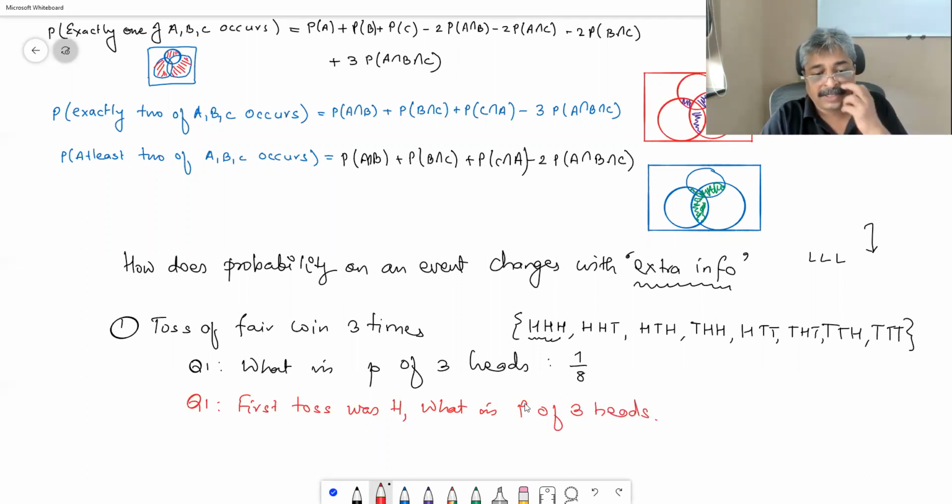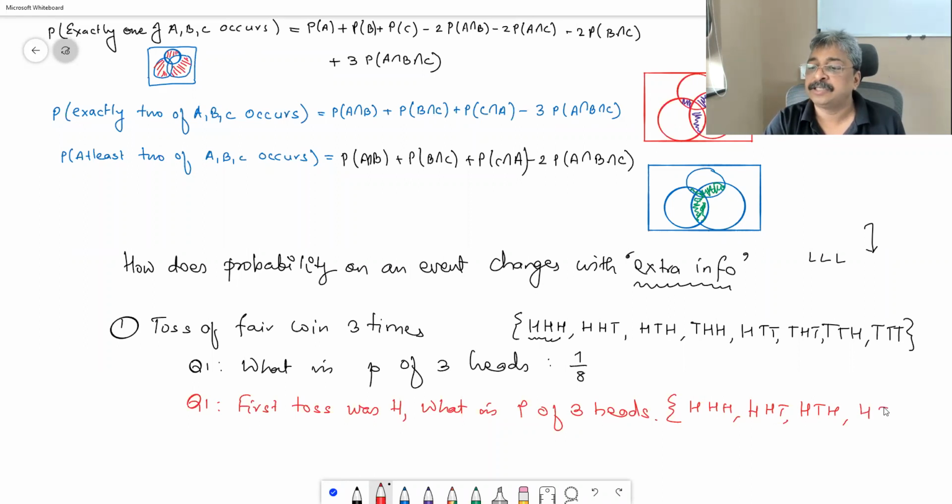In this case, the sample space is different. It is not like this, but the sample space is HHH, HHT, HTH, and HTT. This is your sample space now. And then you are answering what is the probability of 3 heads. The answer is going to be 1 upon 4.